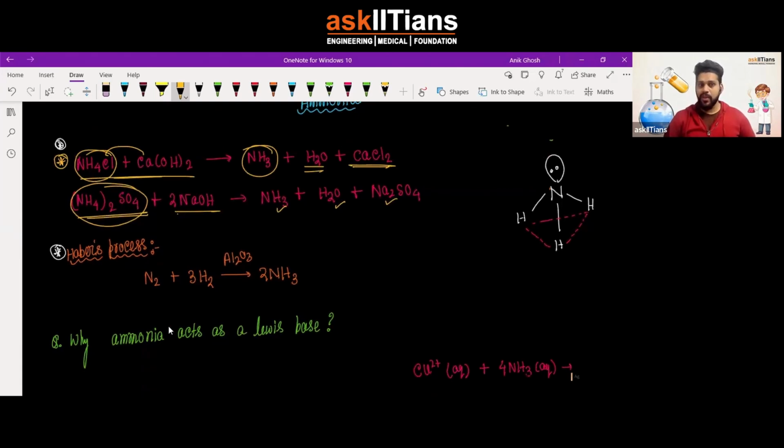Haber's process of ammonia formation is very simple: N2 plus 3H2 gives 2NH3. Here, guys, we use iron as a catalyst and molybdenum as a promoter for this process.